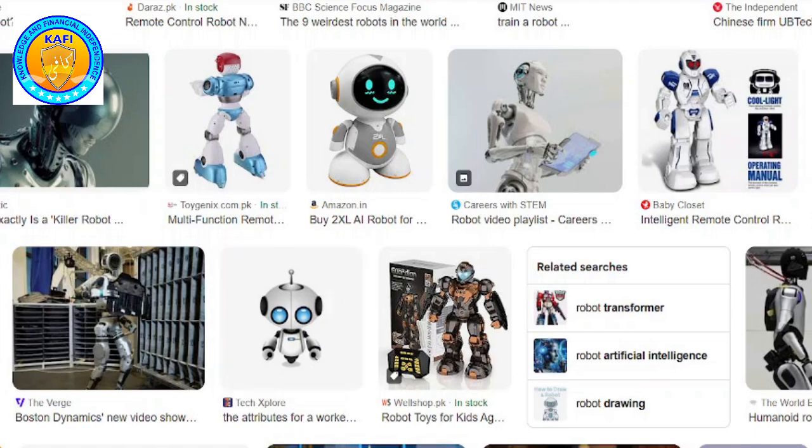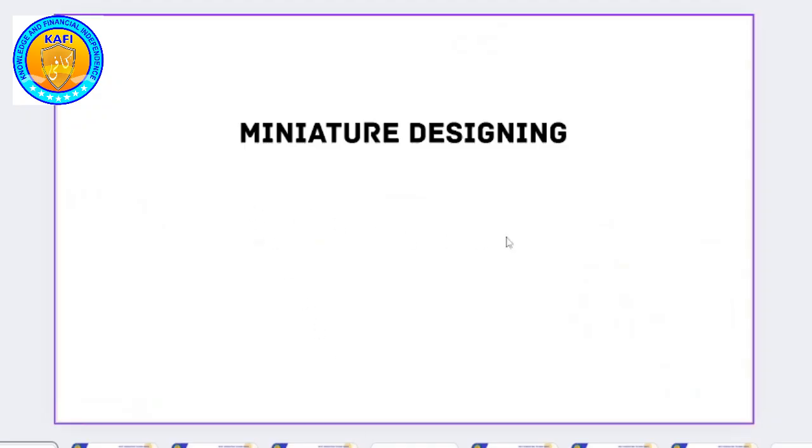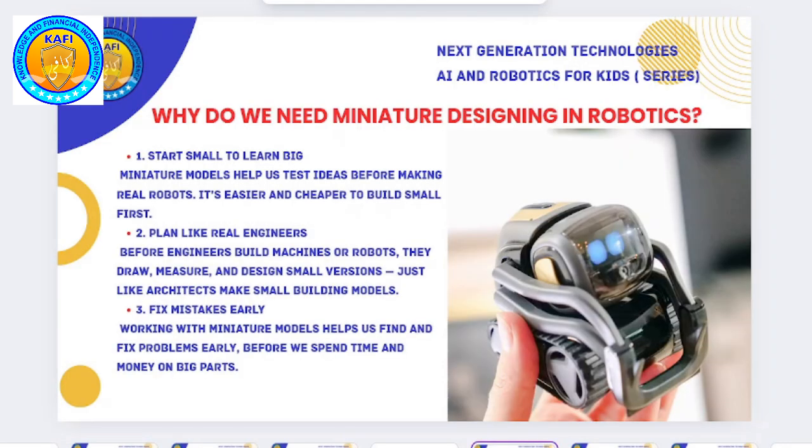What you do, you make a miniature design first. What is a miniature design? A miniature design is a small design of something that is big.